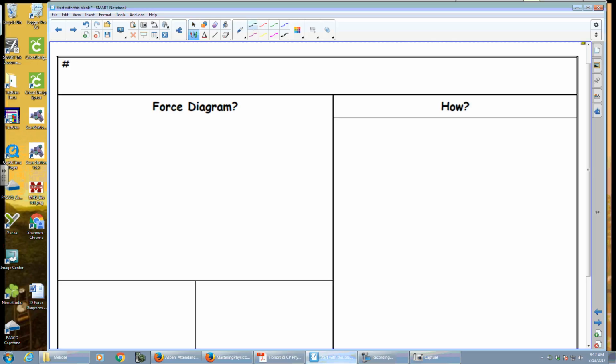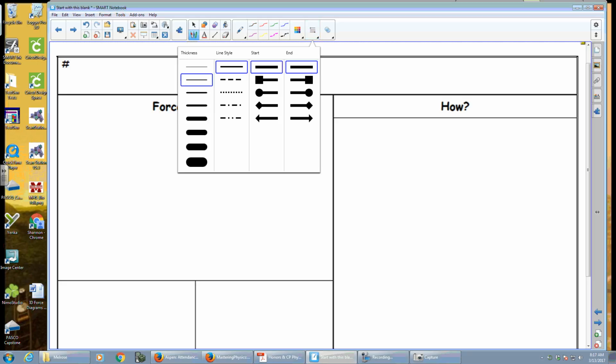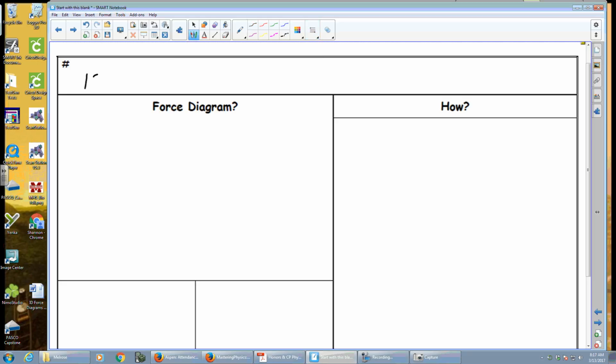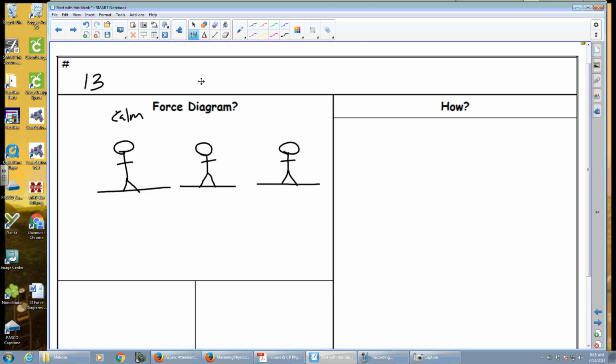We'll be boring and do black. There's our crew member. We'll draw him 3 times. So this will be calm, this will be max, and this will be min.